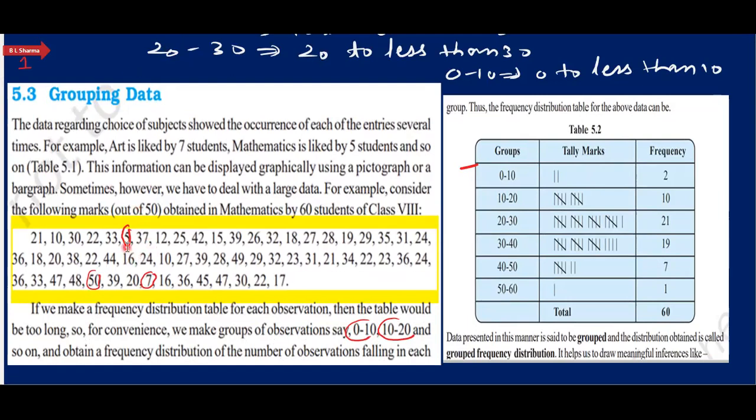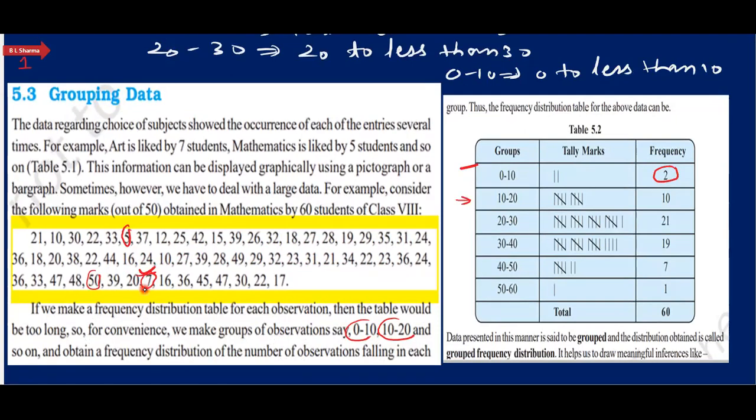Zero to less than 10, this is 1. Then this is not, this is not, this is not. Yes, this is 7. So there are two students getting 0 to less than 10 marks. So here frequency is 2.